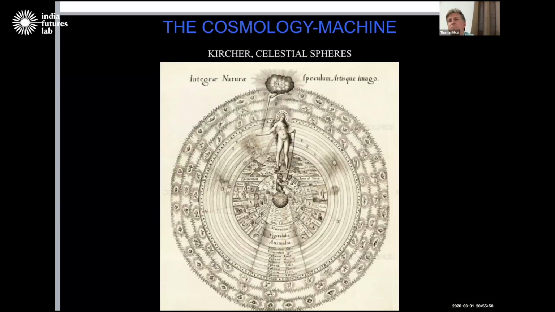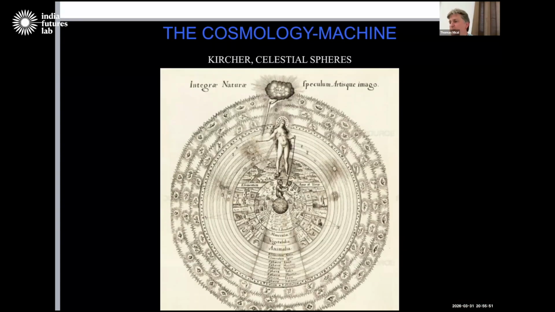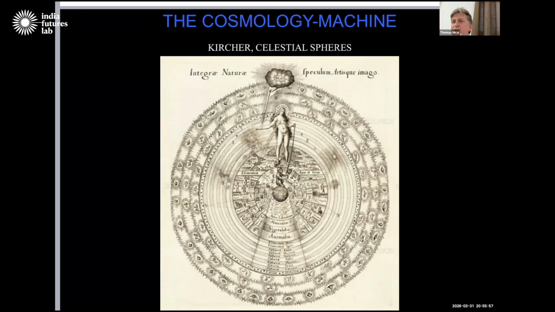And you can trace this principle back to some of the earliest cosmology machines. This is Athanasius Kircher. He was the internet before the internet existed. He wrote thousands of catalogs. And this is, at that time, a relatively well-known understanding of the harmony of the spheres.